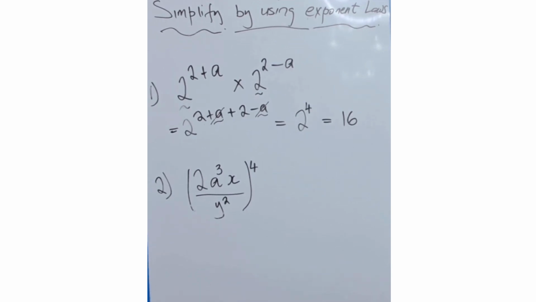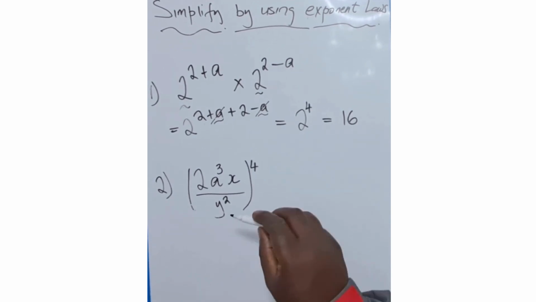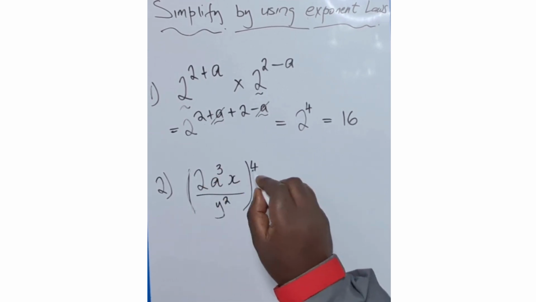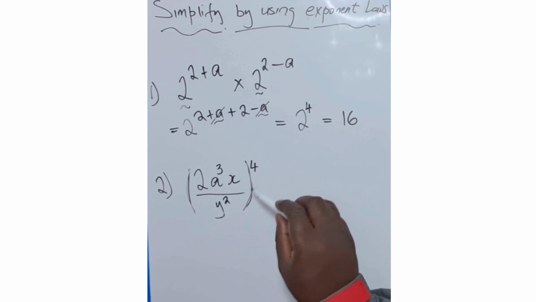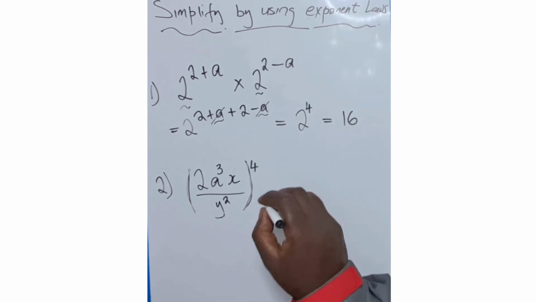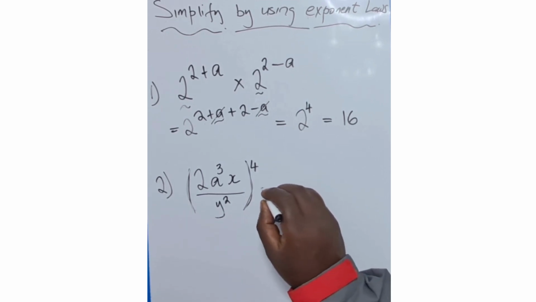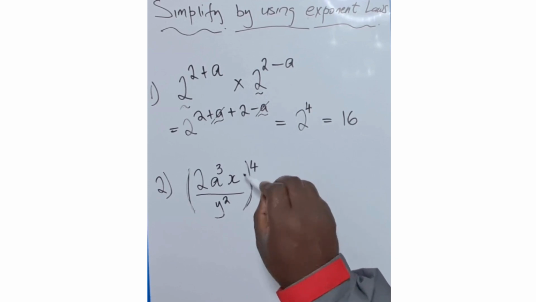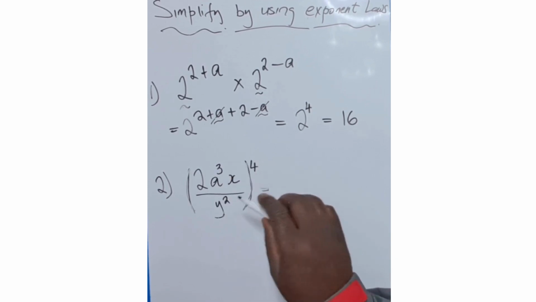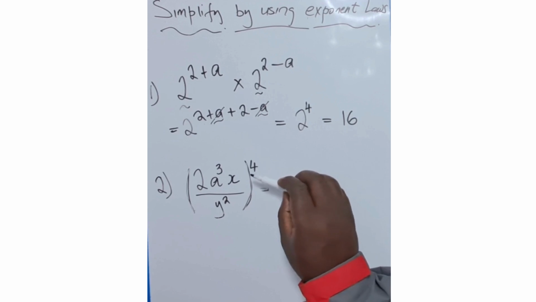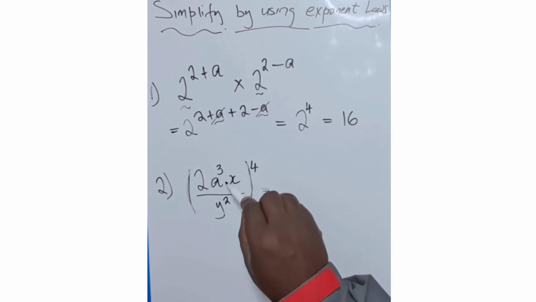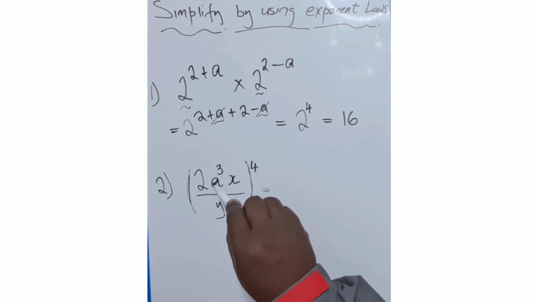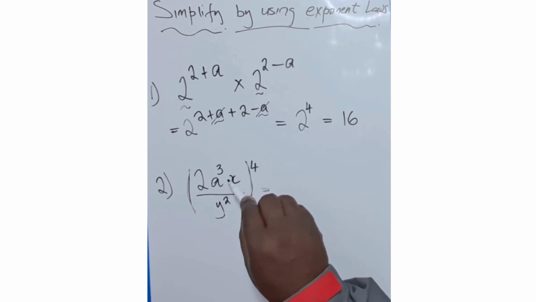Okay, now let's look at the second one. So the second one, we have brackets. They've given us brackets, and everything in the bracket is raised to power 4. So we remember one of the laws that says if whatever is inside the bracket is raised to a power, we then multiply the power of that bracket by the power of each and every element inside the bracket.